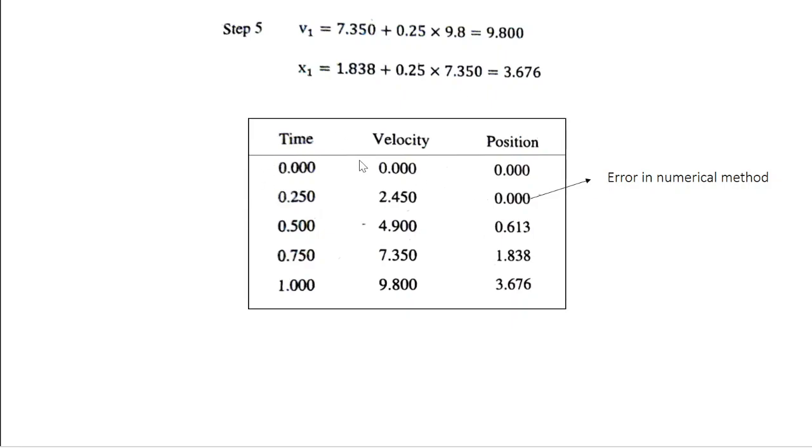Now if you look at the tabulated values, you have time 0, 0.25, 0.5, 0.75 and 1, and the corresponding velocities here. If you look at this particular value, this is physically meaningless because you start with 0 velocity at position 0. After some time you have velocity 2.45, but the position still remains 0.